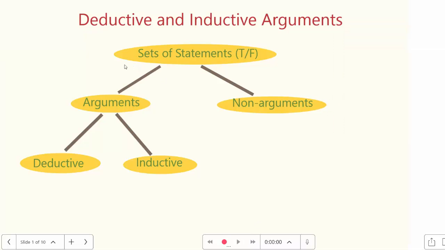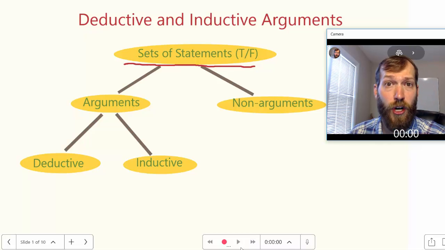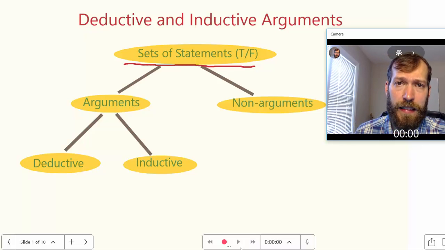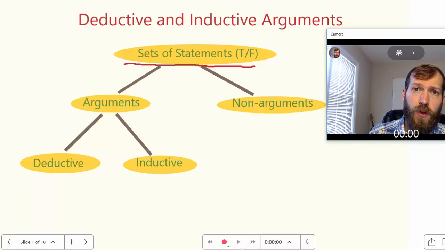We first talked about how arguments were a set of statements. And statements are the kinds of things that can be true or false. And arguments are a structured set of statements that reflect an inference. So they're a set of statements in which one statement is purported to follow from another set of statements.